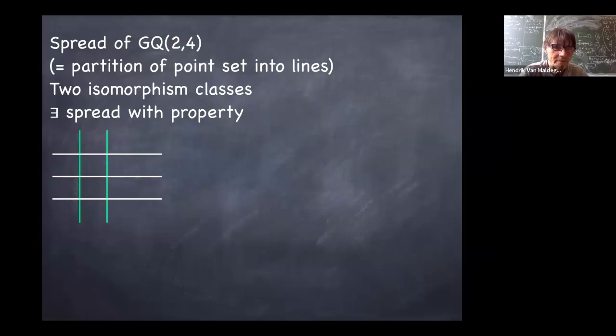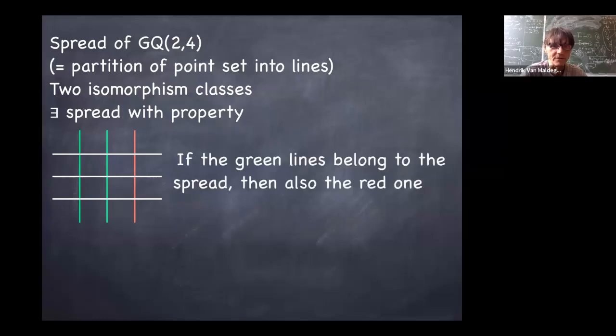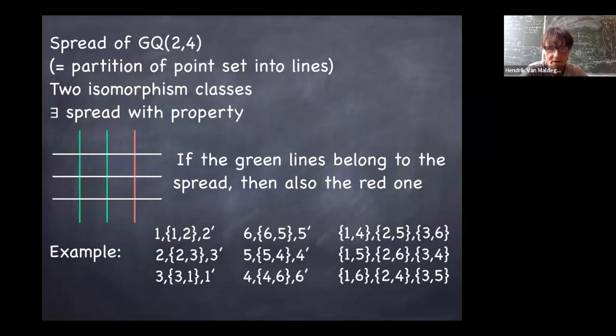And then that quadrangle has the property that there is a 3rd line that also meets these 3 white lines. Okay, so now this spread has the property that if the green lines belong to the spread, then also the red one belongs to the spread. So if you take as points now the elements of the spread, then you also have a kind of geometry. And let's see what kind of geometry this is. So I have here an explicit example of such a spread.